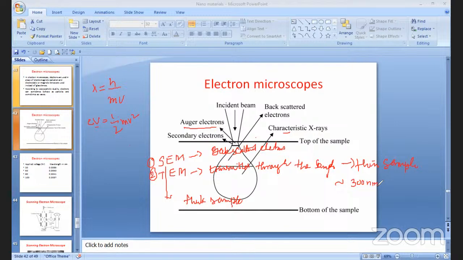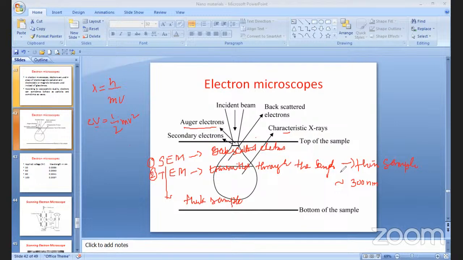So that high energy electrons can be transmitted through the sample, because the main image formed with the help of TEM is from the transmission of the electrons. So we require a thin sample in which the electrons can be transmitted. This is what we require in the case of the TEM as well as the SEM.